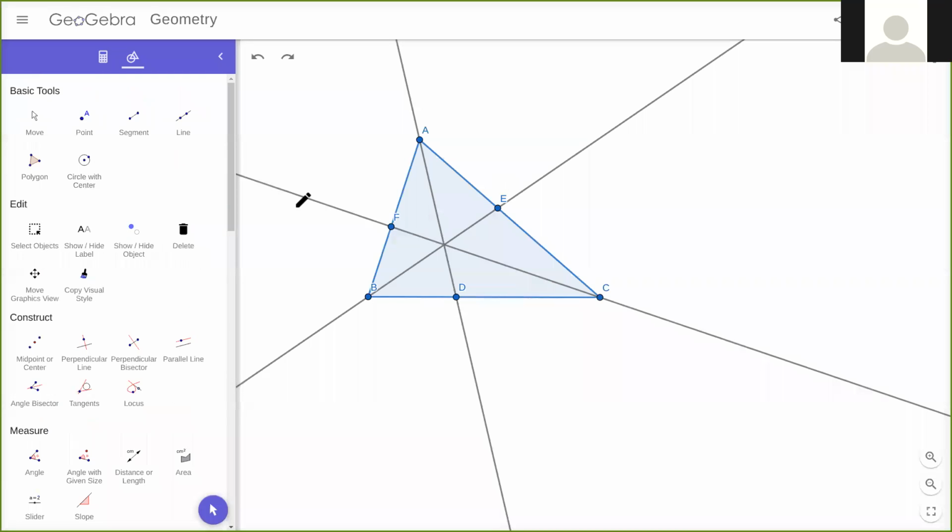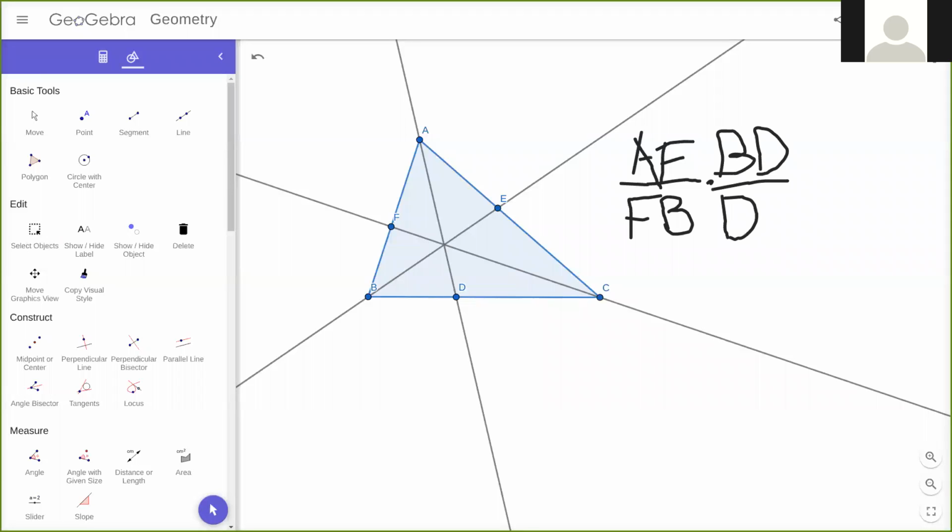And yes, as someone pointed out, the property is that AF over FB, so this length right here over this length right here, times BD over DC, times CE over EA.